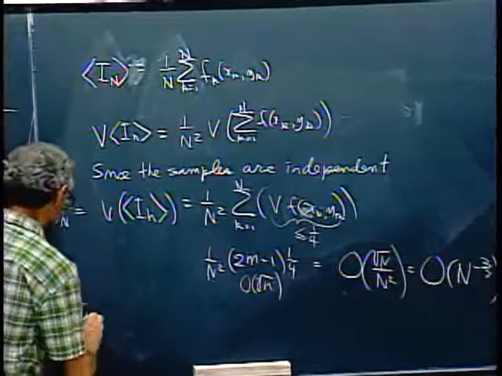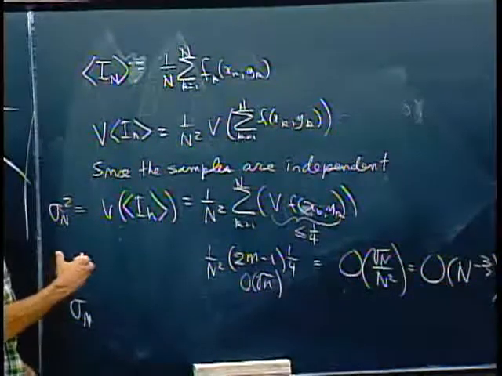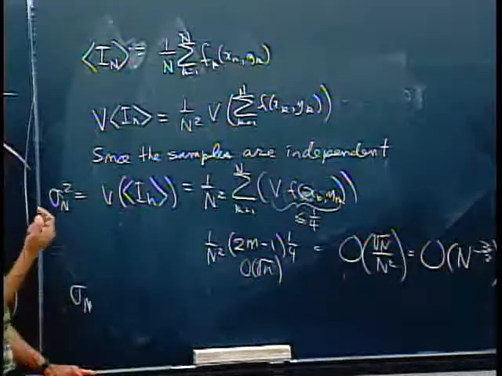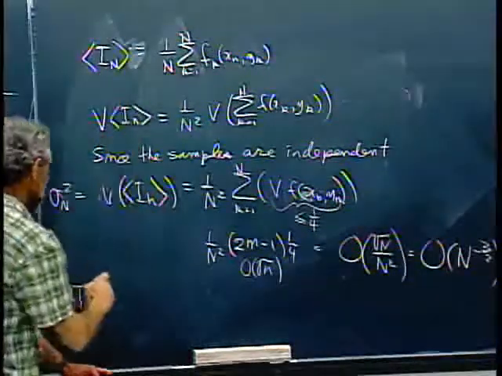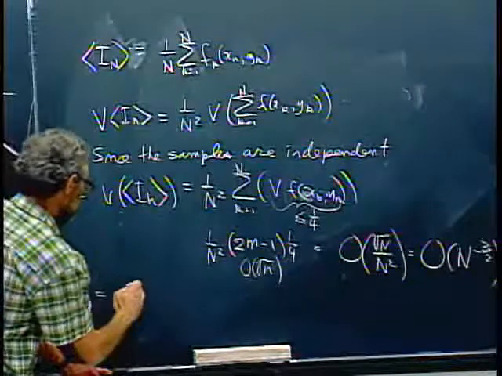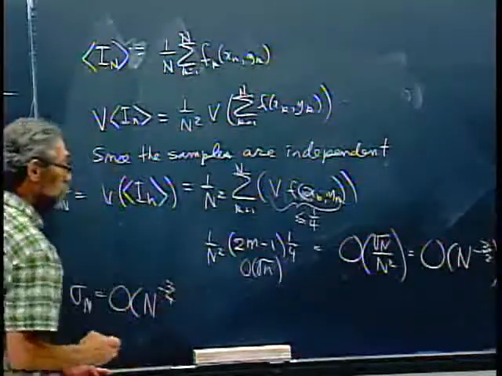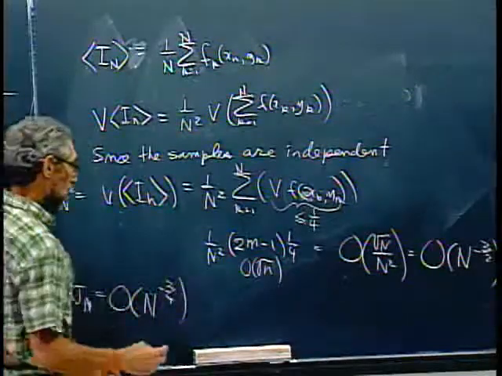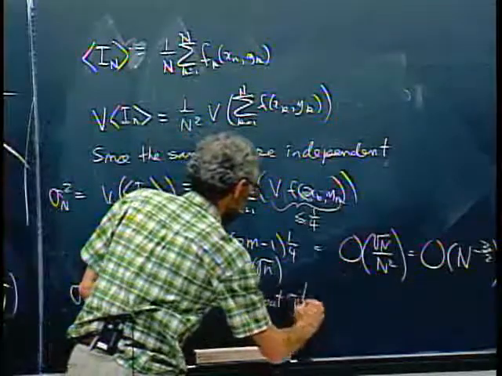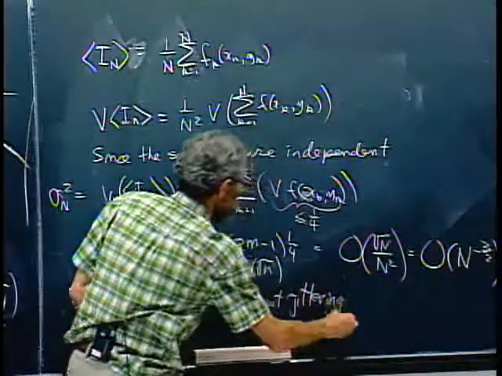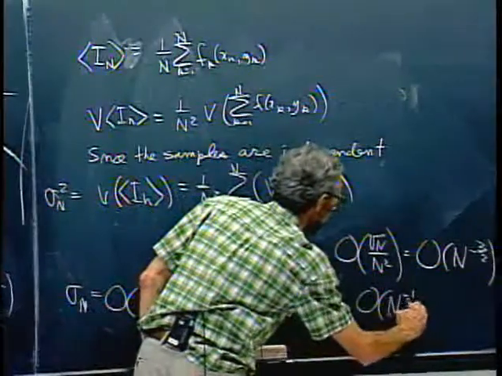If you want to know the average sort of error you get, the standard deviation measures how much you'd have an expected error for any given estimate like this compared to the true answer. That's equal to big O of n to the minus 3/4, the square root of that. But without jittering, it was big O of n to the minus 1/2.